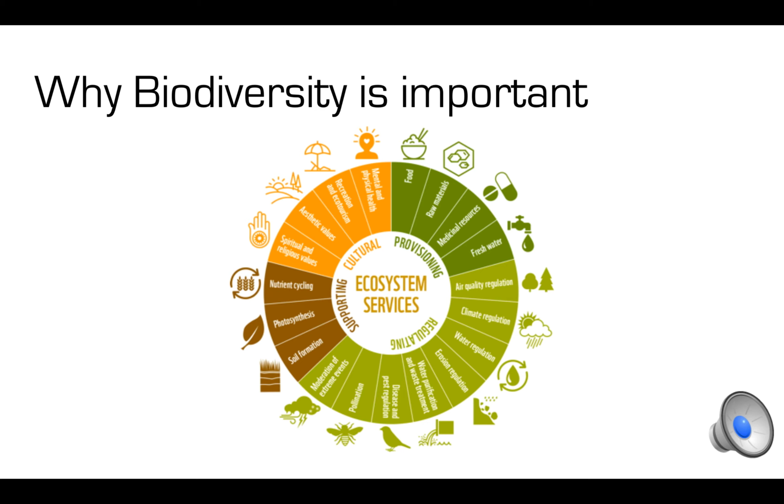Also regulating, so this is going to be pollination and water regulation and climate regulation, and just keeping everything balanced and in check, which is often, in my opinion, one of the least noticed ecosystem services. Additionally, there is supporting, so looking at photosynthesis and nutrient cycling, and also cultural, so that's aesthetic value and spiritual and religious values. These are all things that ecosystems provide to us, but especially biodiverse ecosystems.